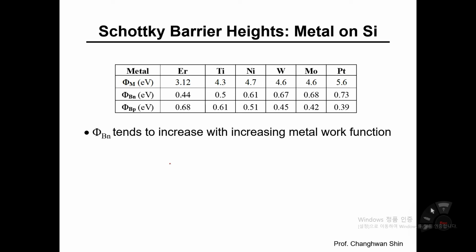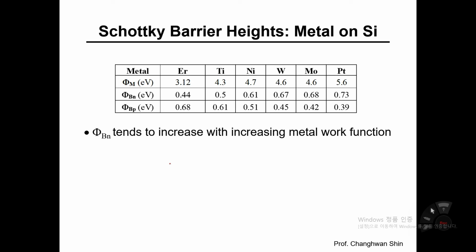So many researchers have studied how to modify and control the position of the pinned Fermi energy level. There are many research papers in the last few decades, and people have found that we have many options for the metal side: erbium, titanium, nickel, tungsten, molybdenum, and so on.